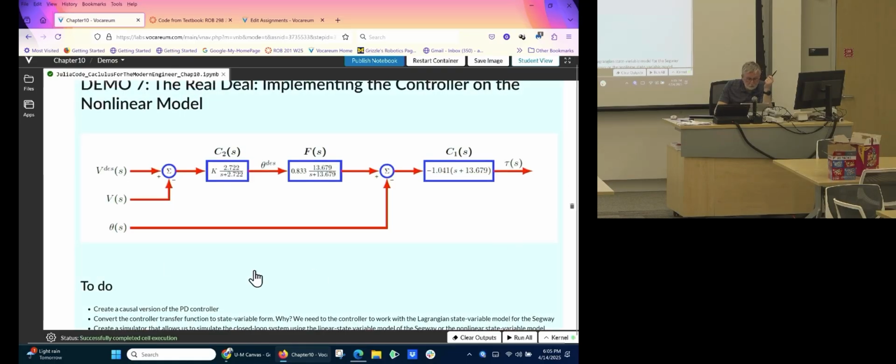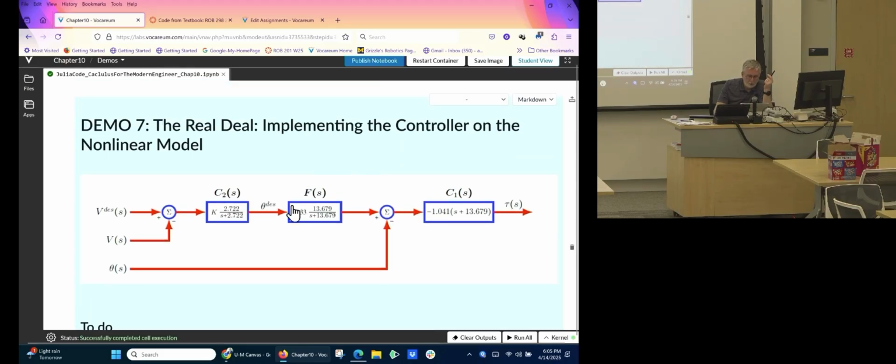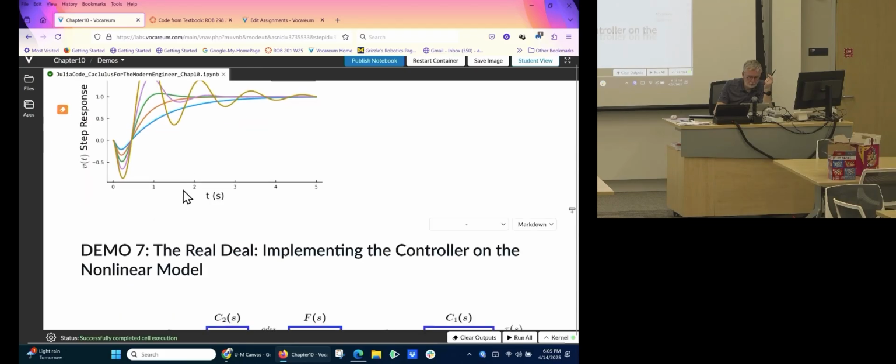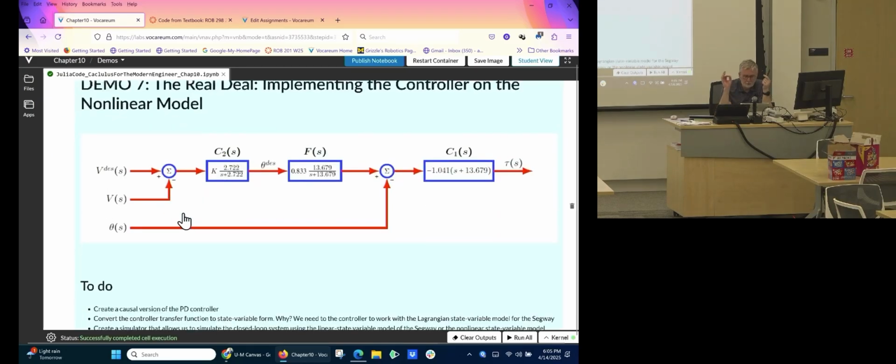This is the controller that you would implement on the ball-bot. Now in project 3, once you choose this number, the rest of this is basically done for you.